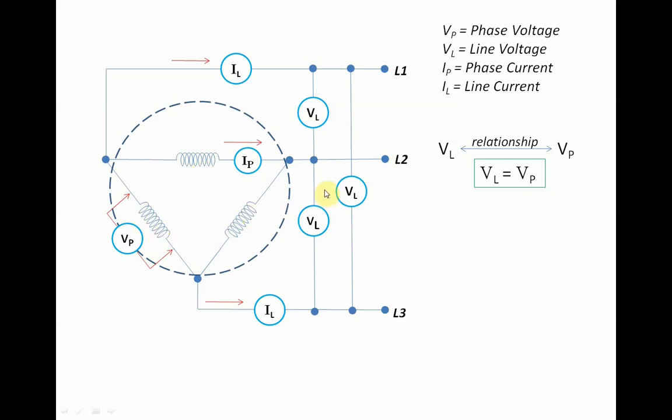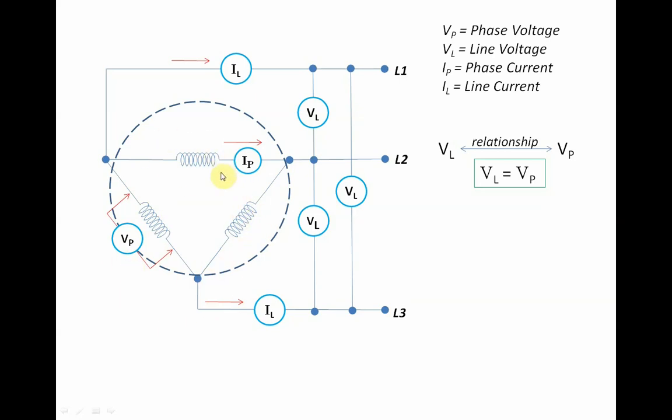In any network, if one device is connected in parallel to a combination of many devices, we can say then that the voltage across this phase is equal to the combination of the voltages of the network.